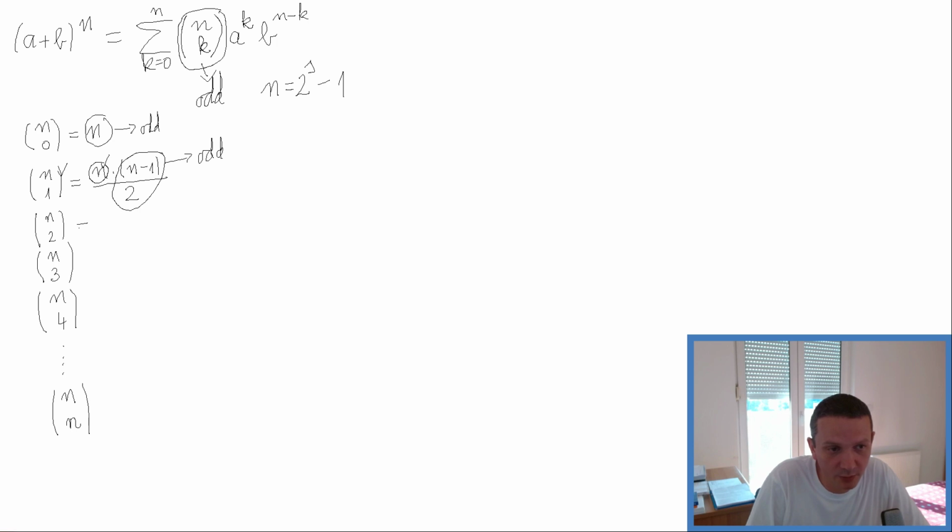This n over 2 is n times n minus 1 over 2. And the interesting case will be obtained again actually here, when we have powers of 2 as the lower number in this binomial coefficient.